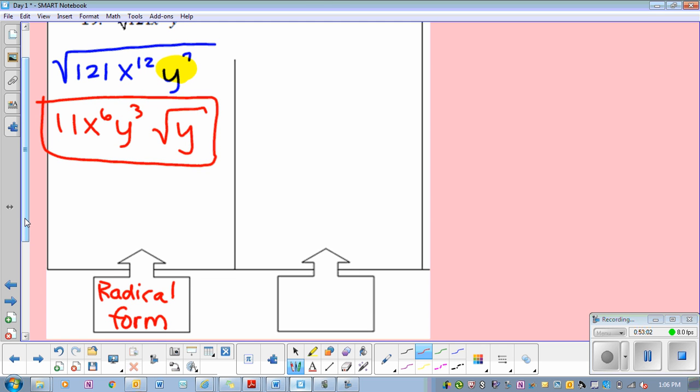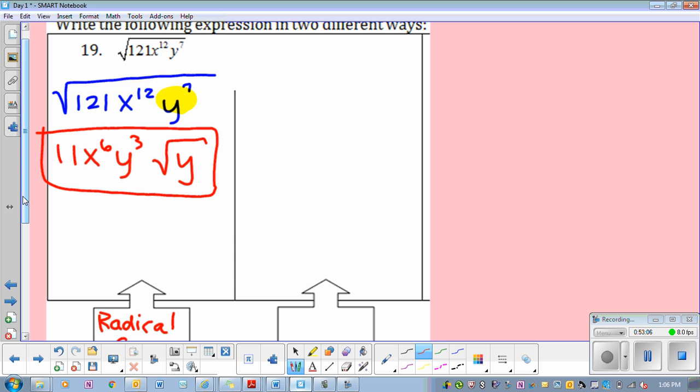So we're going to talk about the other form that you need to know. And that's just basically writing it as a rational exponent, okay? 121. You just take it one thing at a time like we were doing before. Start with the number. What's the power on this 121? 1.